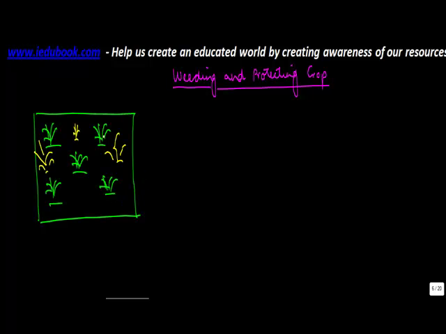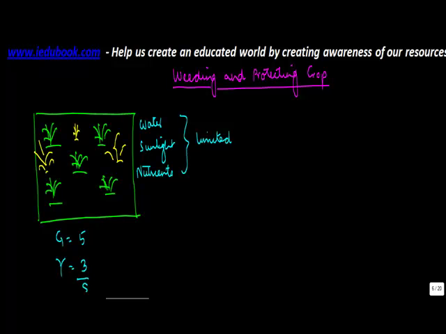So what happens is that the soil that you have, the water that you have, the sunlight that you have, the nutrients that you have in the soil are all limited. So let's say if you count the green plants, the green ones you have 5 and the yellow ones you have 3, total 8. Okay.